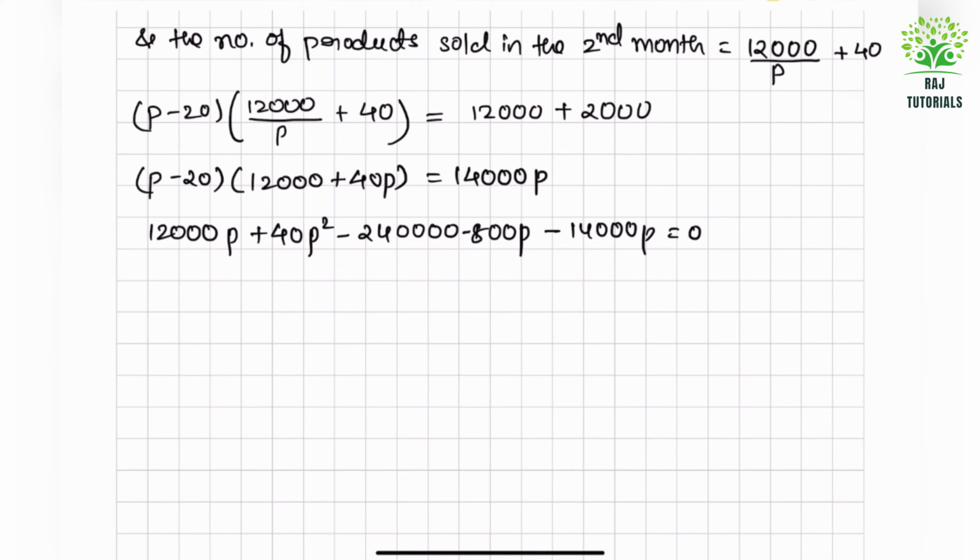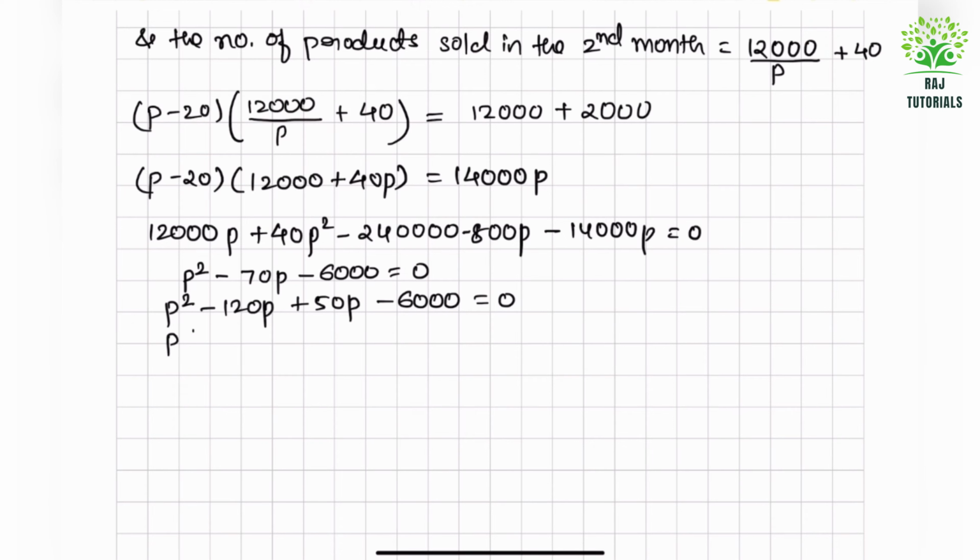So at last I will get, after solving this equation, P² − 70P − 6,000 = 0. So solving this, P² − 120P + 50P − 6,000 = 0.